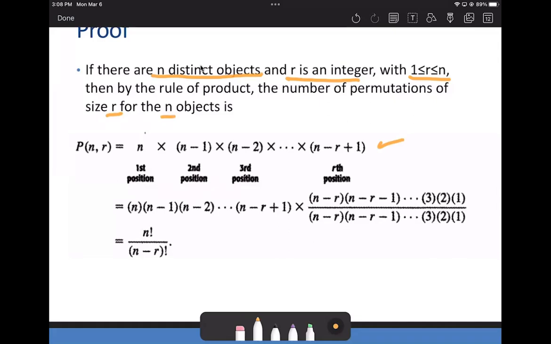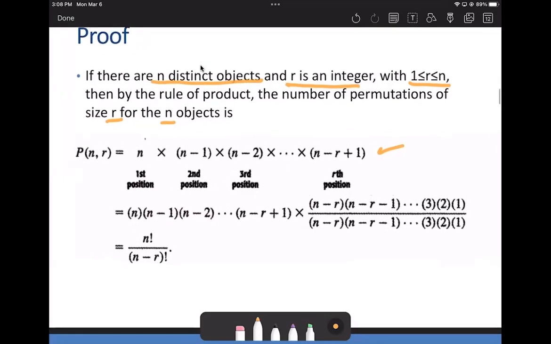So how do we relate this to the formula of permutation P of n, r, which is equal to n factorial divided by n minus r quantity factorial? How are they equivalent?